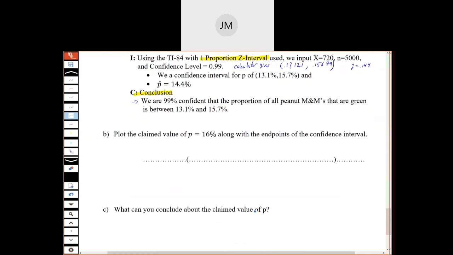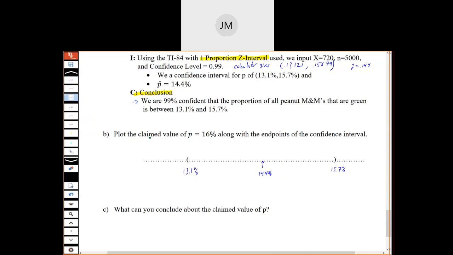So what we're going to do is make a little line graph here. I'm going to start by putting in my confidence interval. That goes from 13.1% to 15.7%. The p hat is always in the dead center, and that's 14.4%.